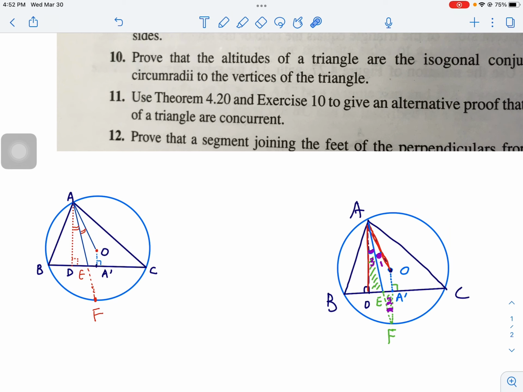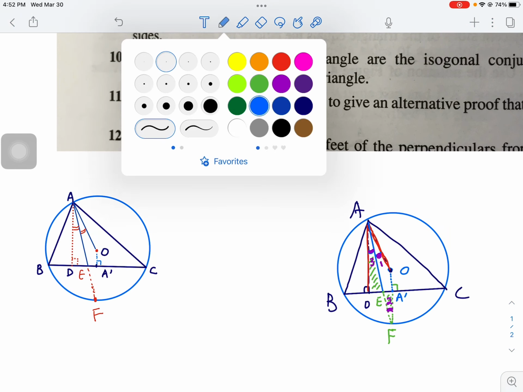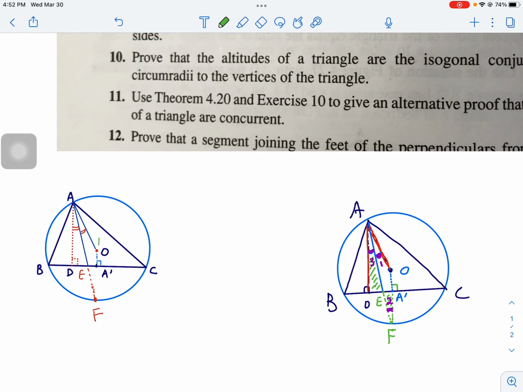How do you show that these three points are collinear? I'm going to give you a hint real soon. But first, what's the benefit of showing that these three points are collinear? Once you show that, and you know this is the perpendicular bisector, then these three points are on a straight line, and this line is perpendicular to BC.